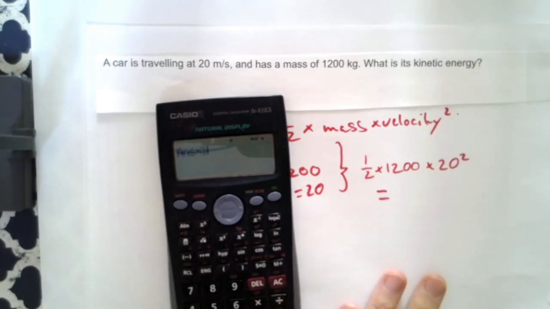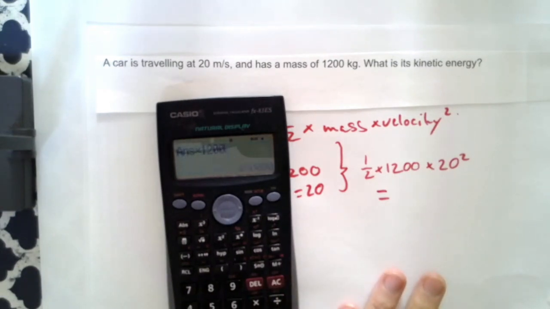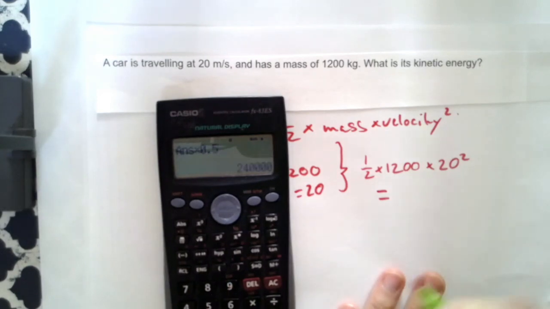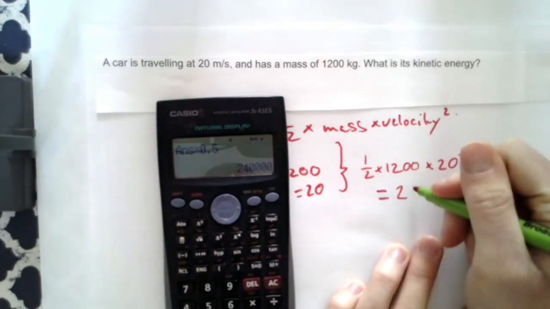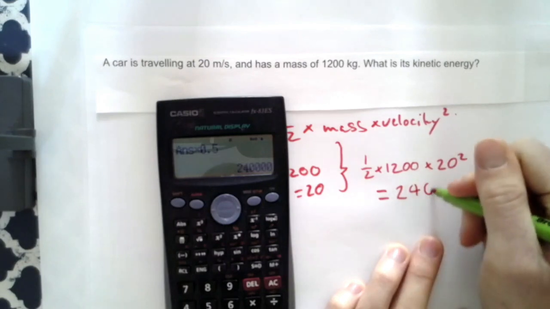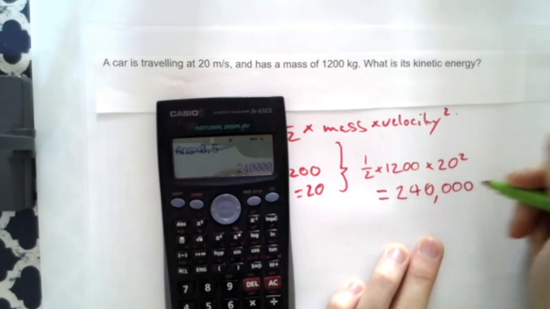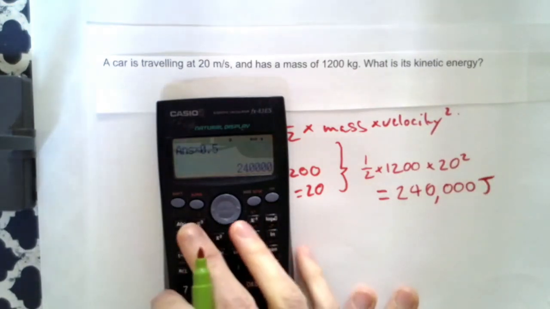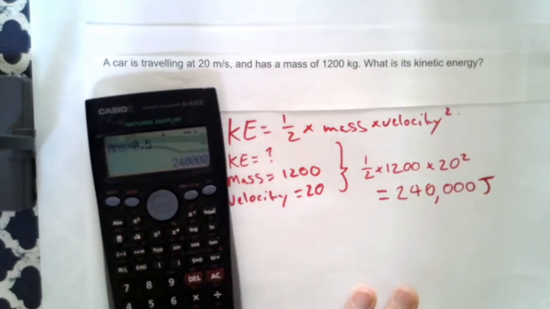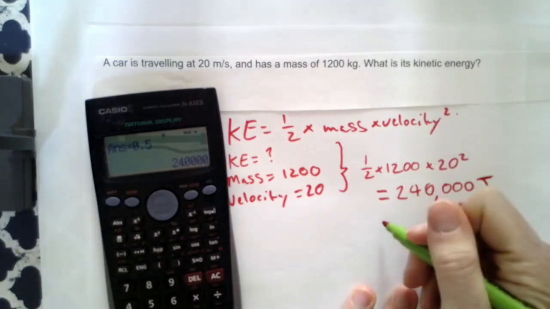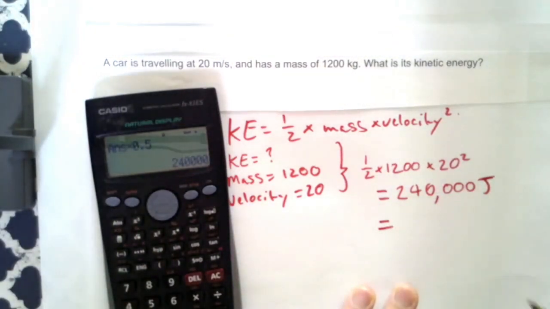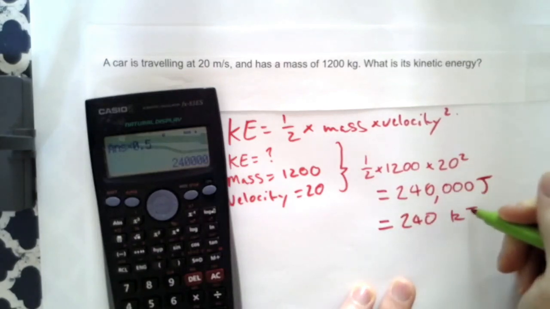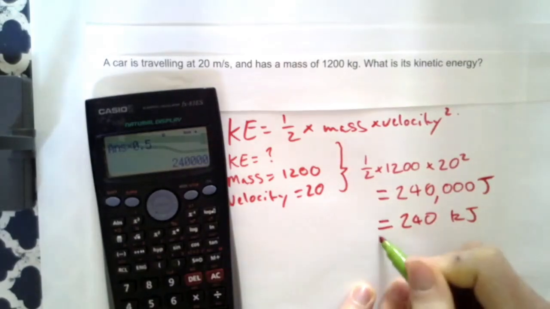Then times that by 1,200, then times it by 1/2 or 0.5, and you come out at 240,000 joules of energy, which is a lot of energy, but you'd expect that cars have lots of kinetic energy when they're moving around. If this asked for the answer in kilojoules, you'd need to divide by 1,000, so you get 240 kilojoules of energy.